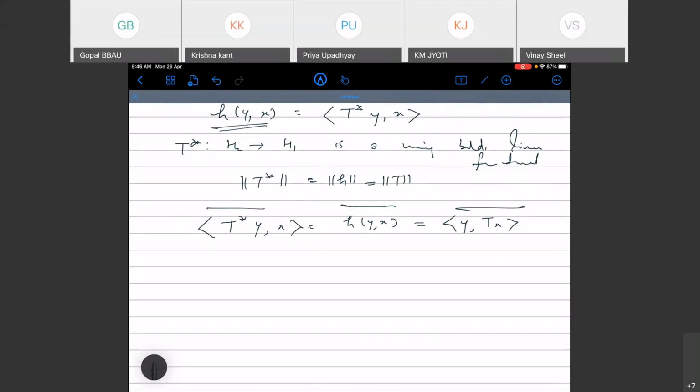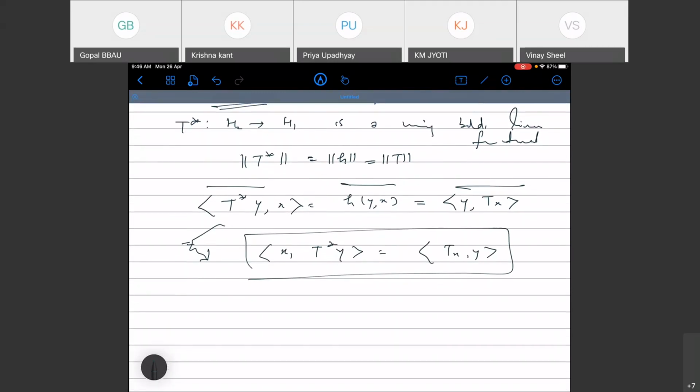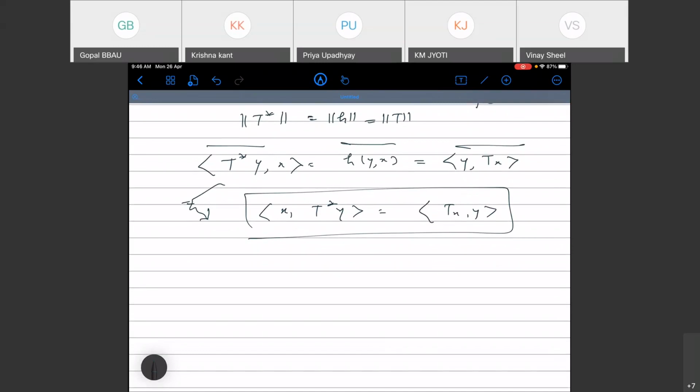When you take the conjugate, this will become ⟨x, T star y⟩, and this will become ⟨Tx, y⟩. This is what we wanted to prove, okay? This means in fact T star is the operator that we were looking for. So we have shown the existence of T star.